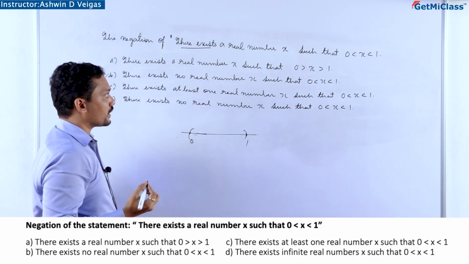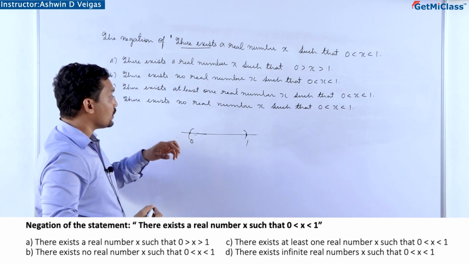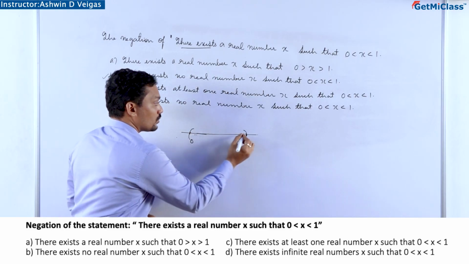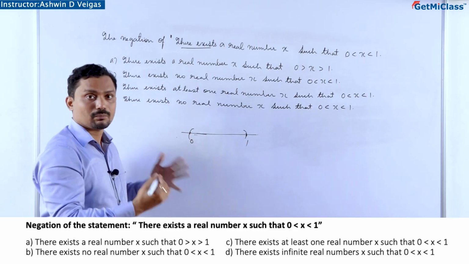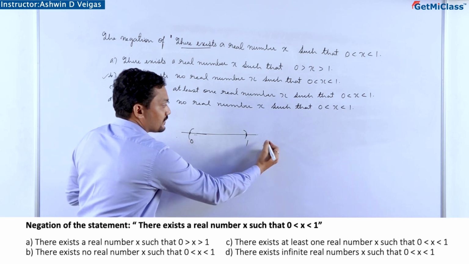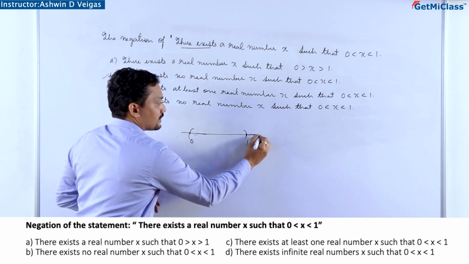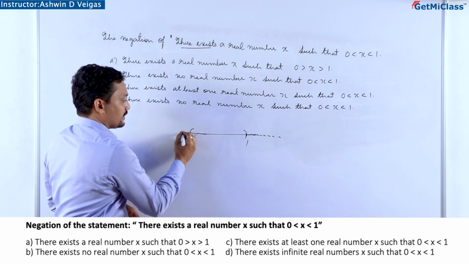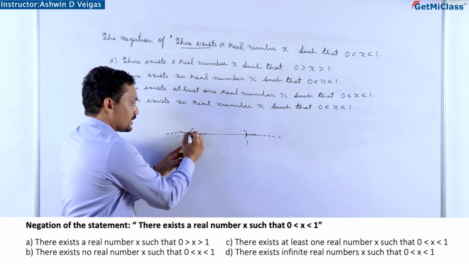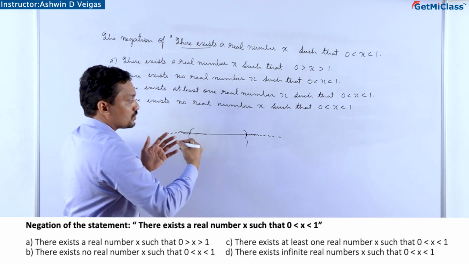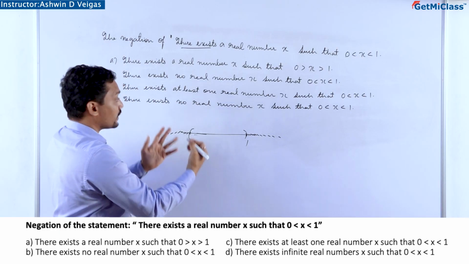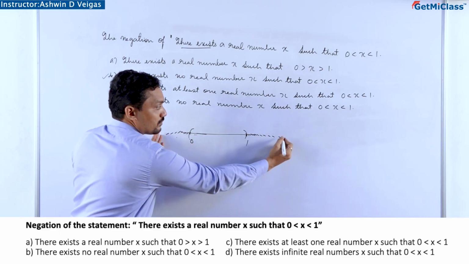Now the negation is there is no number from here to here. That means any number that is there is outside this. That means it is this side or this side. There is a number between 0 and 1. So, the negation is there is no number between 0 and 1.